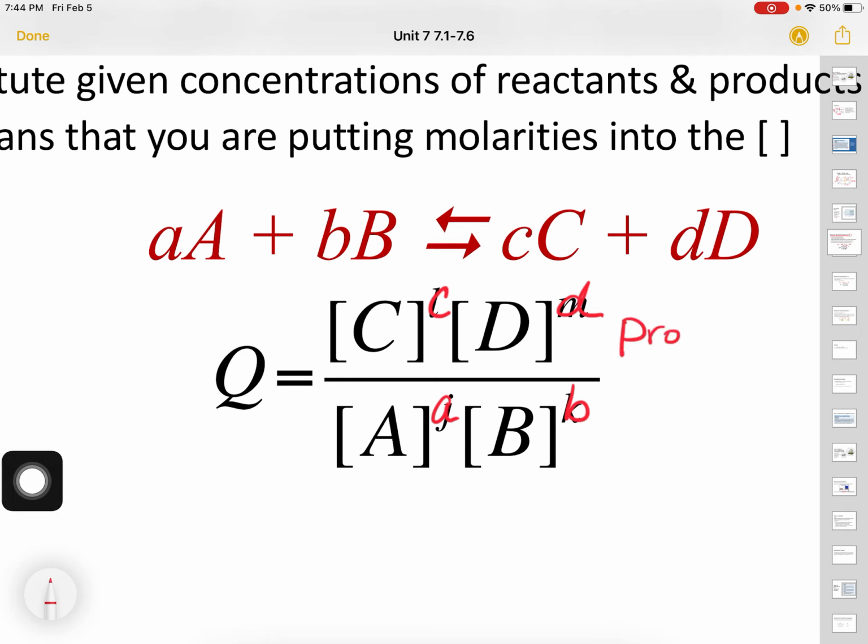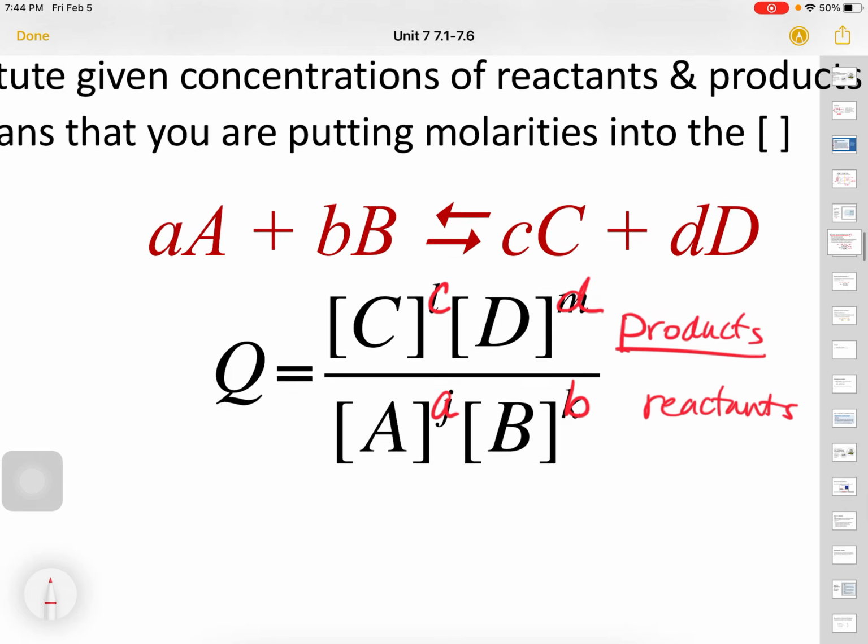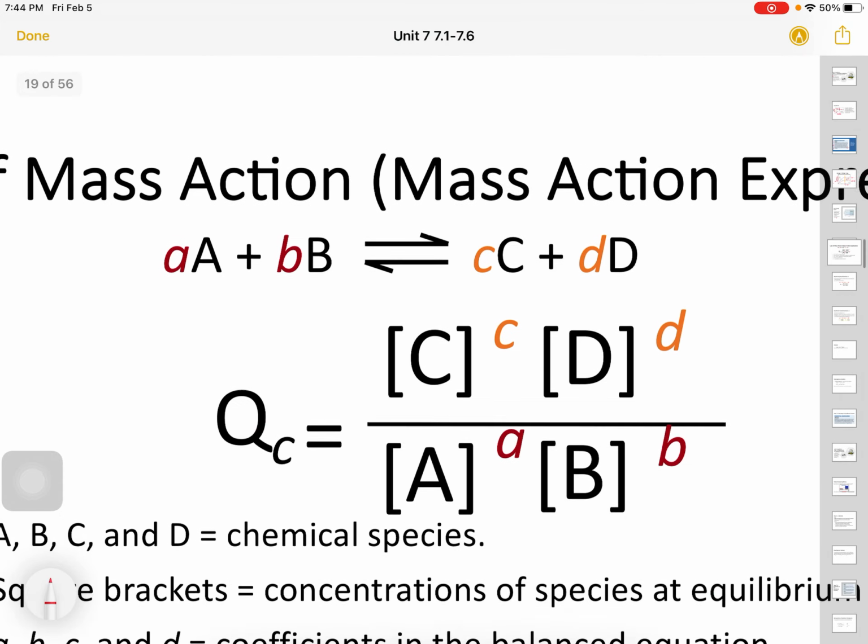So it is products over reactants raised to whatever their coefficients are in the balanced equation.